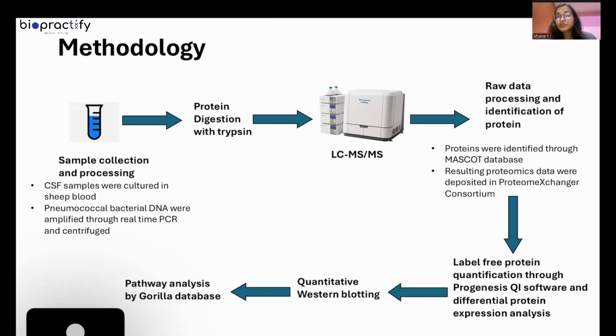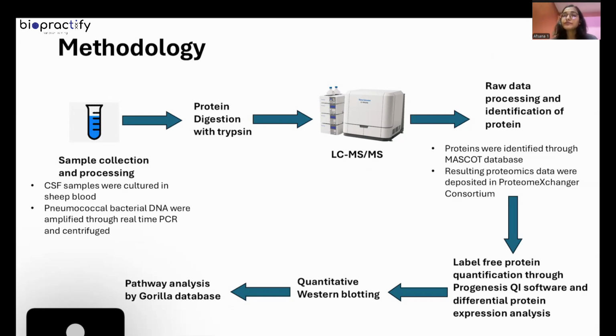After the identification of the proteins, label-free quantification was done with the software called Progenesis QI. To confirm the quantification, quantitative Western blotting was done, and then the pathways were analyzed.